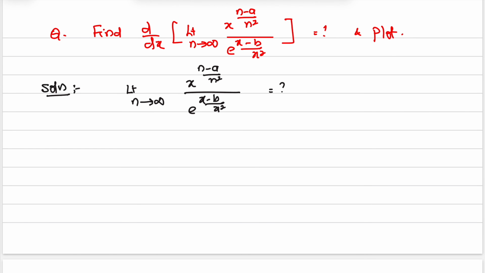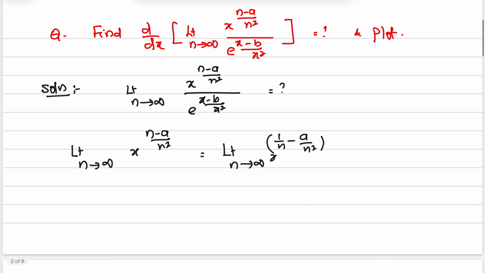Now, let us try to solve for the numerator. Limit n tends to infinity of x to the power of (1 by n minus a by n square).